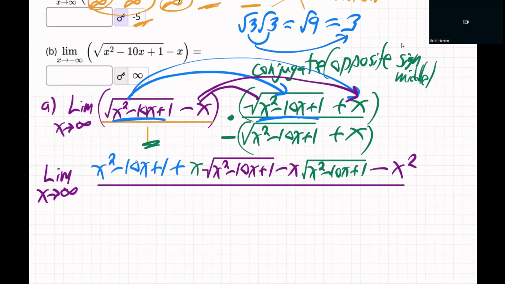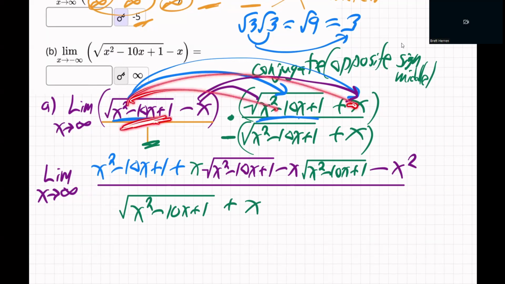It's not going to do anything, right? So it's just going to be the square root of x squared minus 10x plus 1 plus x. Okay, are you okay with that top? That's where people get tripped up sometimes. See, the first one went to both. Root times root, remove the root.